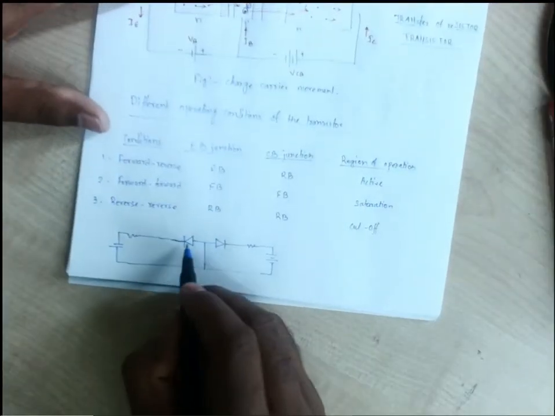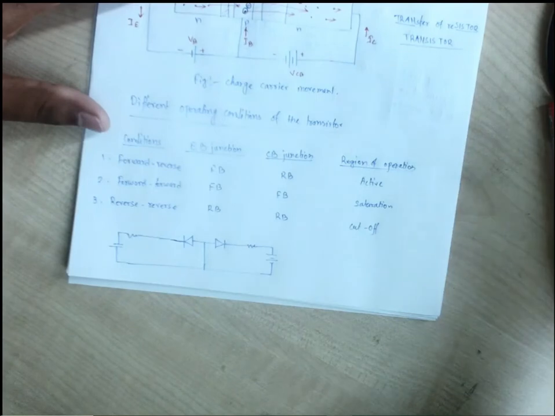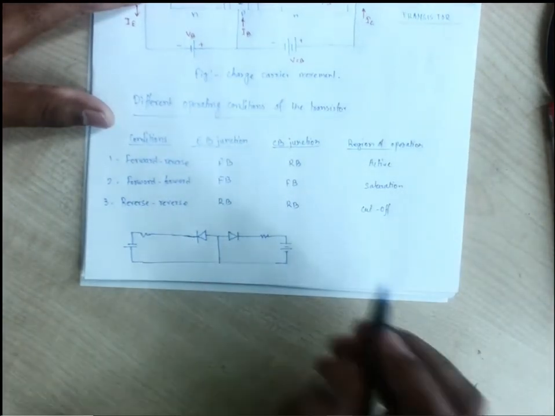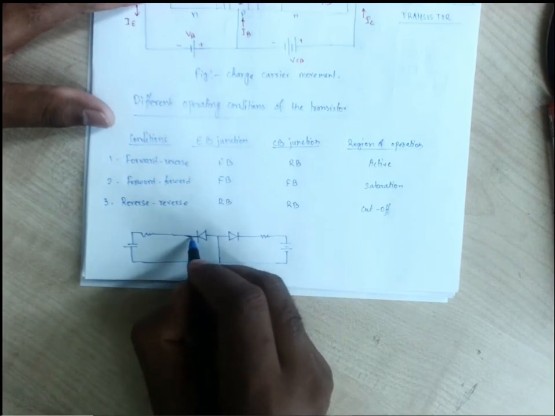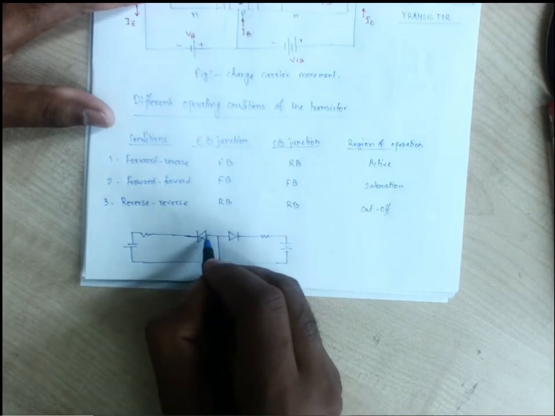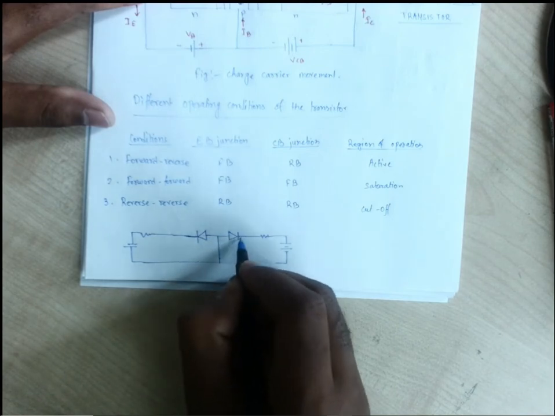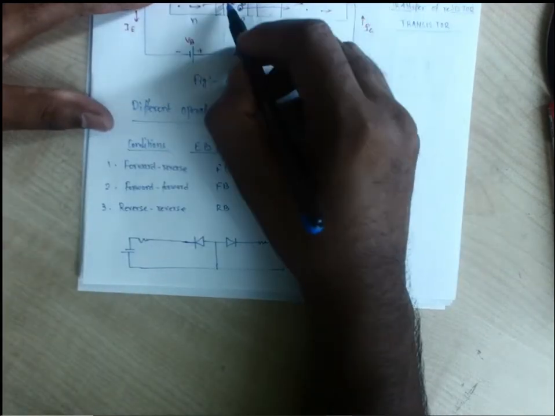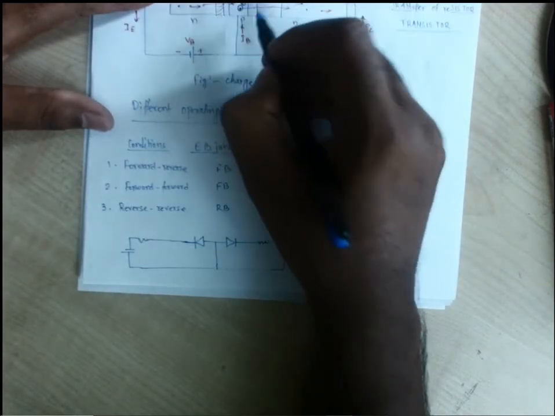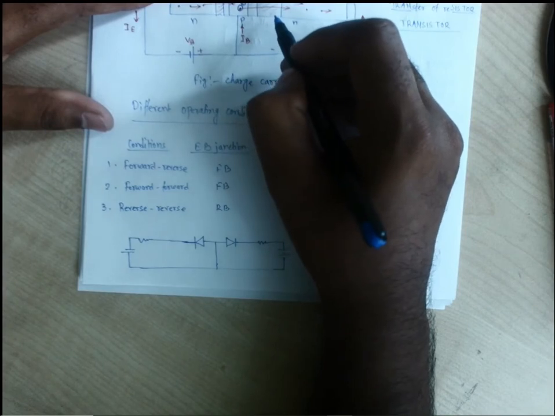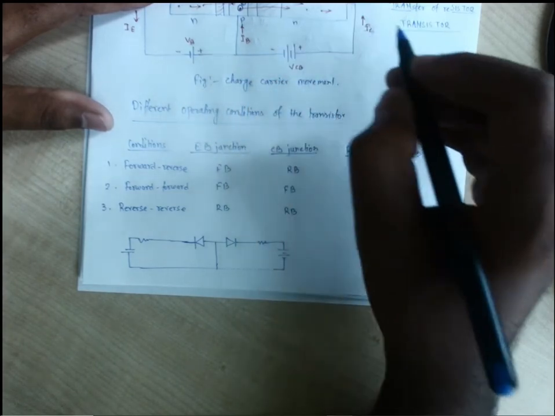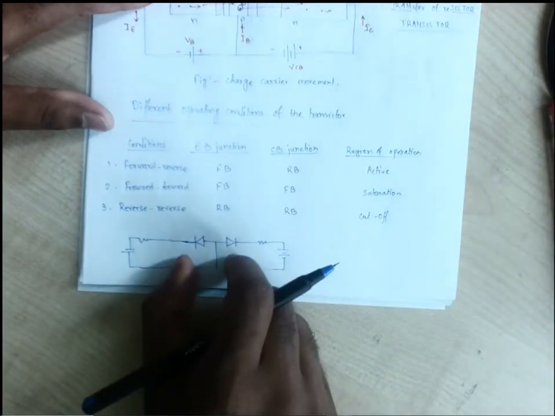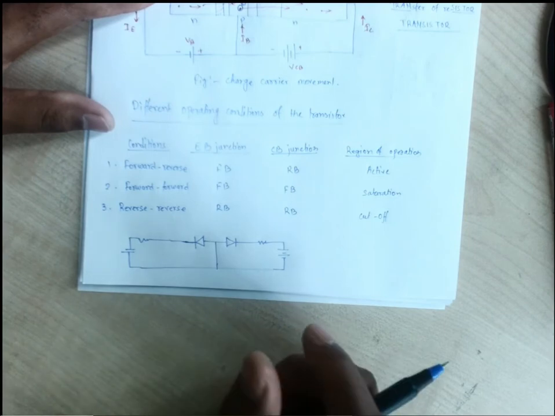Here the junctions are in different devices, one in this diode, another in this diode. The leads connected with this N and with this P and this N also form a junction, which does not exist in a practical transistor. So the junctions are quite a bit more in discrete diodes when they are connected back to back.